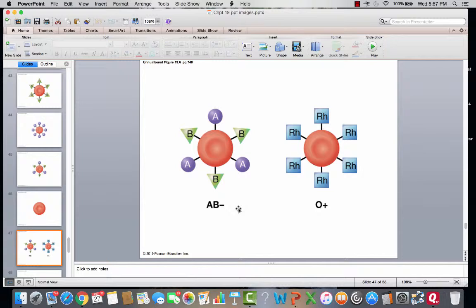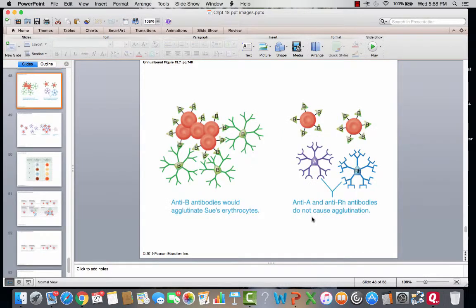So a person who has A and B antigens on the surface of their cells, but no Rh antigens, has a blood type of AB negative. This person has neither A nor B antigens, but has Rh antigens, they are O positive blood type.